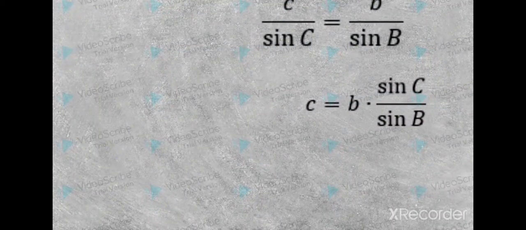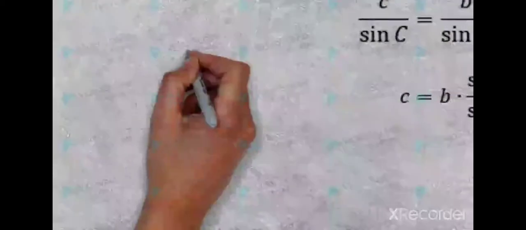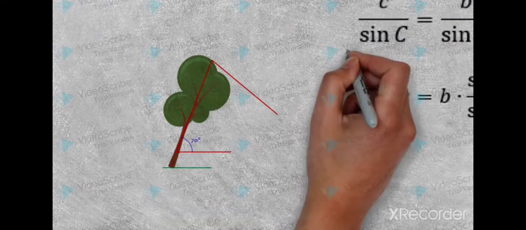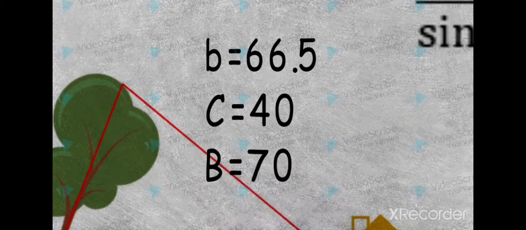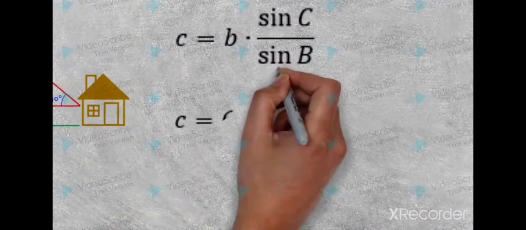Then going back to the illustration, we have 70 degrees and 40 degrees. So we will let b equal 66.5, angle C is 40 degrees and angle B is equal to 70 degrees.